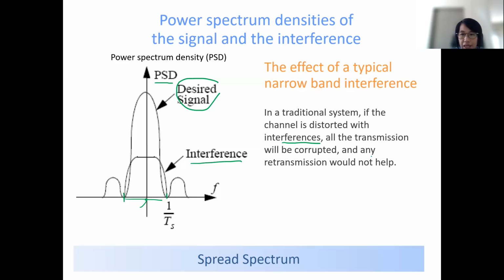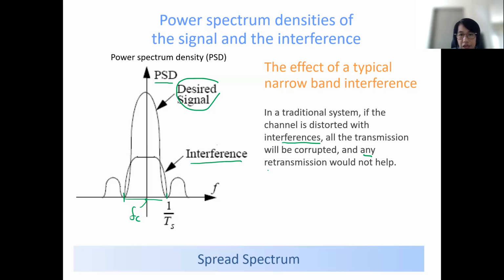And you may say, okay, it's corrupt, so why don't we just transmit again? All right, you can transmit again, but without doing anything, you will transmit with the same carrier frequency. Then in your channel, the interference is still there.